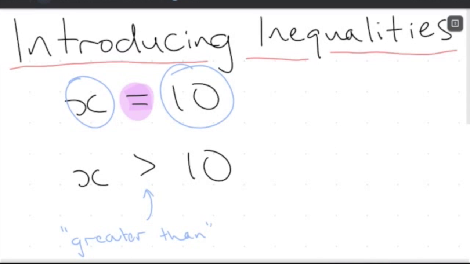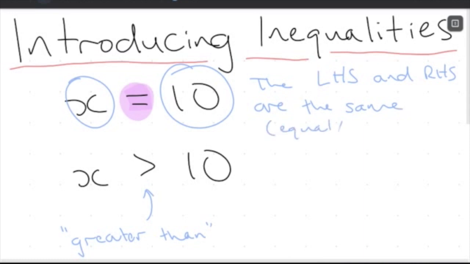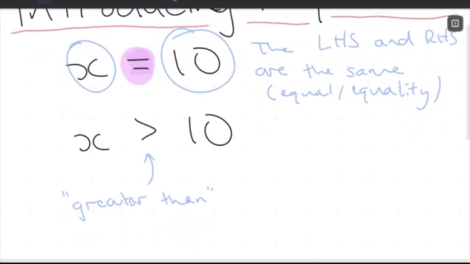So what we mean here is just that the left-hand side, LHS, and the right-hand side, RHS, are the same. I'll put in brackets, equal, or this is what we think of as equality. That one is equal to the other.